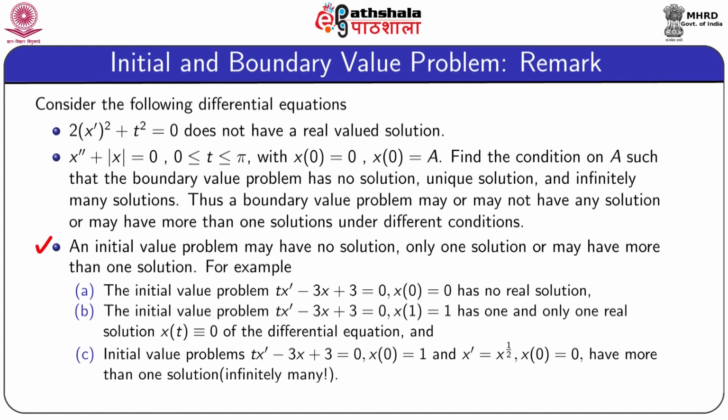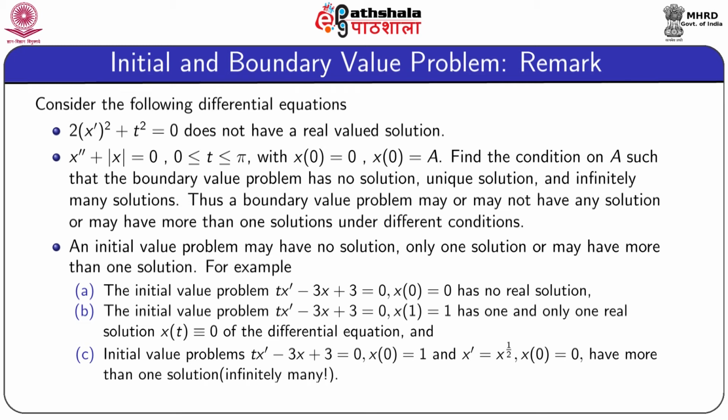The same thing can happen in case of an initial value problem. It may have a unique solution, it may have no solution, or it may have more than one solution. For example, if we consider the initial value problem t dx/dt minus 3x plus 3 equal to 0, the initial condition being x(0) equal to 0, then this particular initial value problem has no real solution.